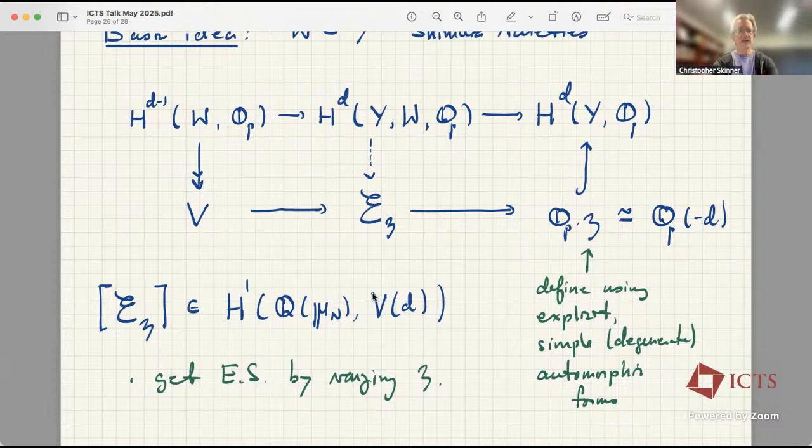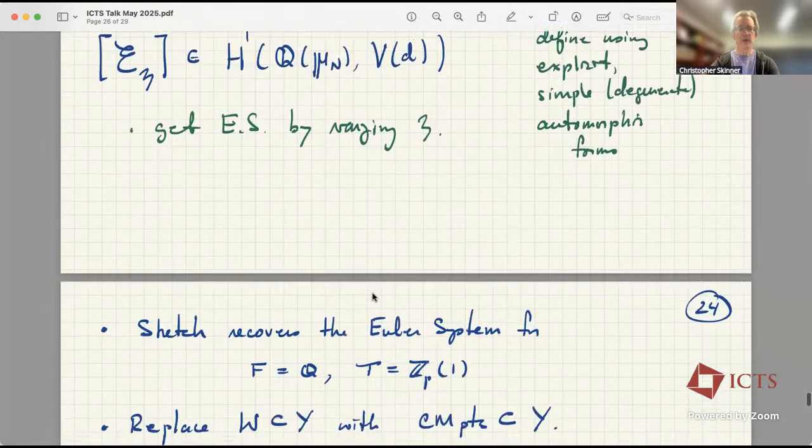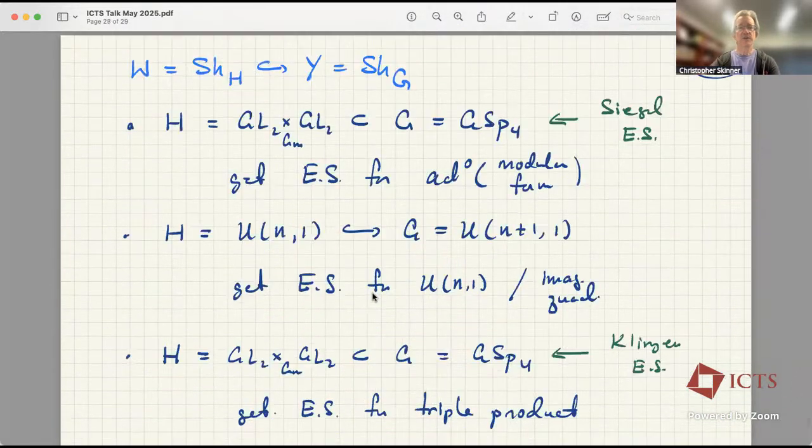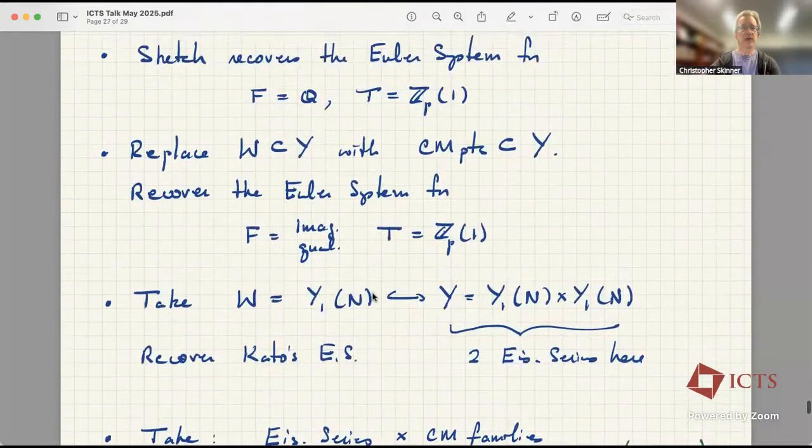And then by varying those simple automorphic forms, we hope to get an Euler system.